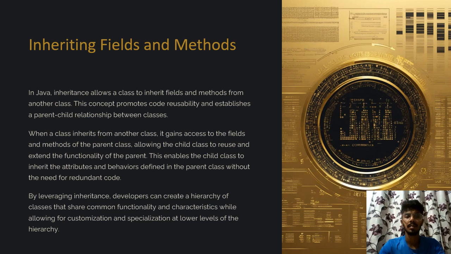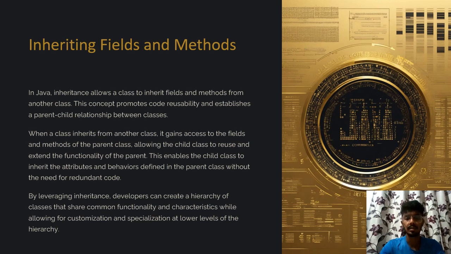Inheriting fields and methods. In Java, inheritance allows a class to inherit fields and methods from another class. This concept promotes code reusability and establishes a parent-child relationship between classes. When a class inherits from another class, it gains access to the fields and methods of the parent class, allowing the child class to reuse and extend the functionality of the parent.